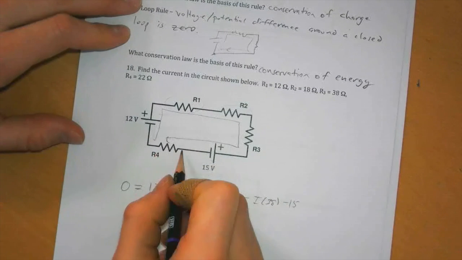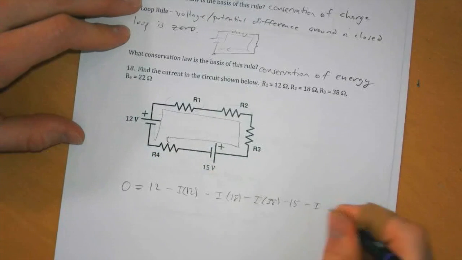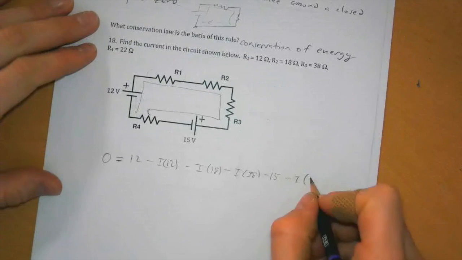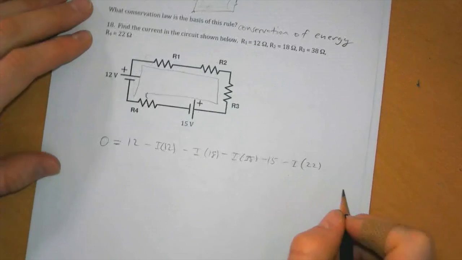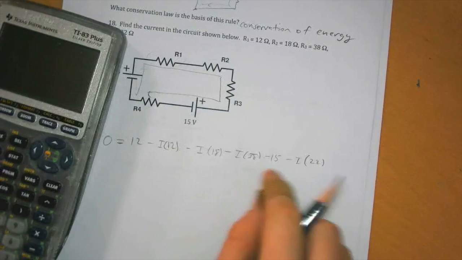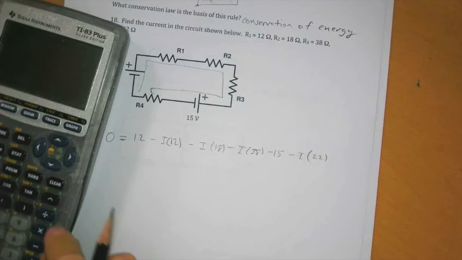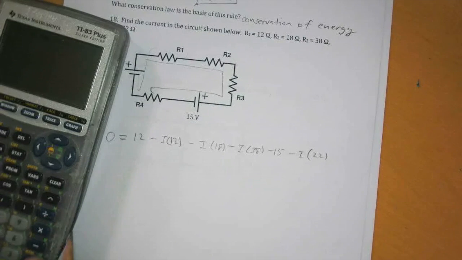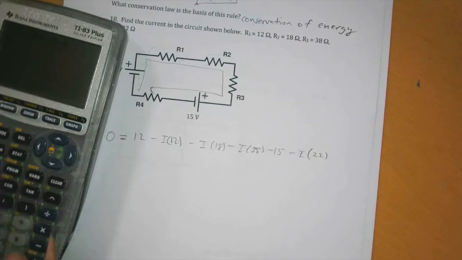And then we've got a voltage drop across this resistor, minus I times R4, which is 22. From there, we can do the math. 12 minus 15 is negative 3. Move it over to the other side. That's 3 divided by the sum, negative 12 minus 18 minus 38 minus 22.